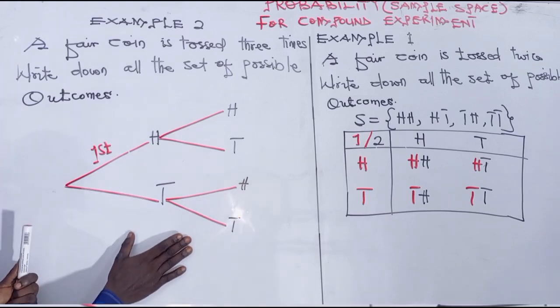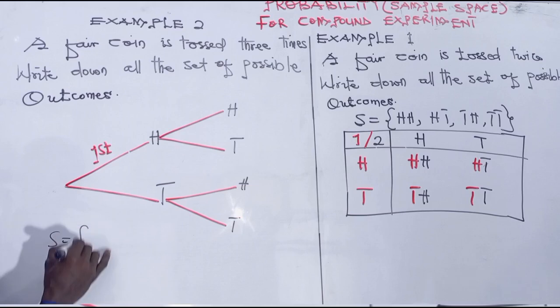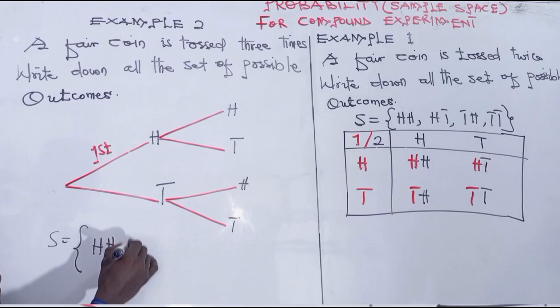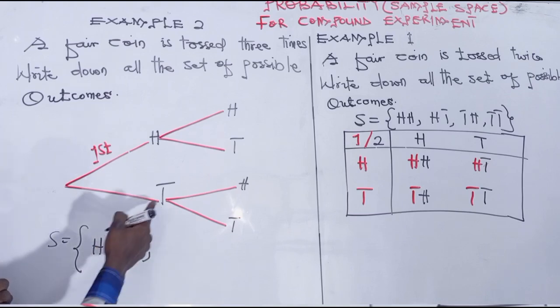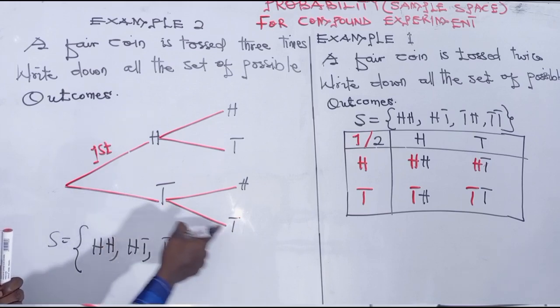Now once we are done with this, let's see how we can read it. We have head, head. So we have the sample space to be head, head, head, tail. Now move on to the tail side. Tail, head, and then tail, tail.